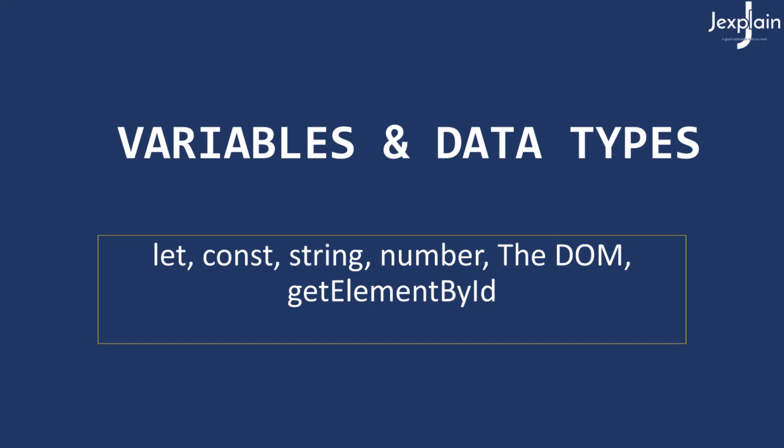Alright, now we come to the fundamentals, which are variables and data types in JavaScript. Now to do anything useful, we need to store our information, and we do this with variables. A variable is like a labeled box which stores some information, and in modern JavaScript we create them using let and const.